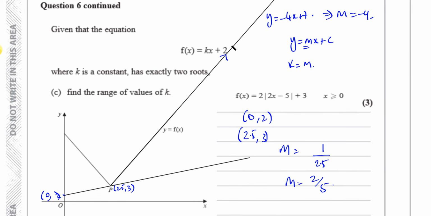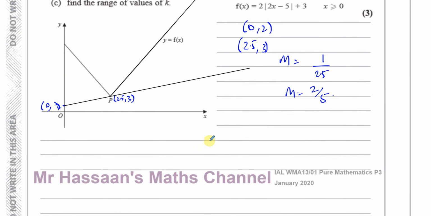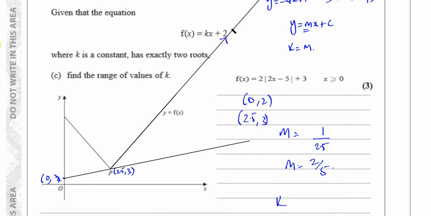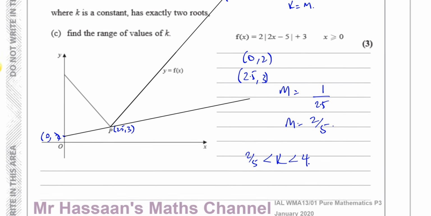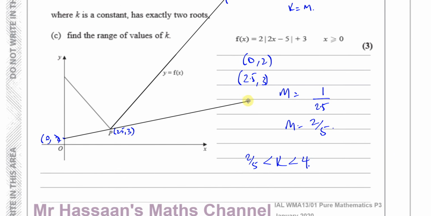So when the gradient of our line, which is called k in this question, is greater than 2/5 and less than 4, there will be two routes, because when it's equal to 2/5, there's one route only.